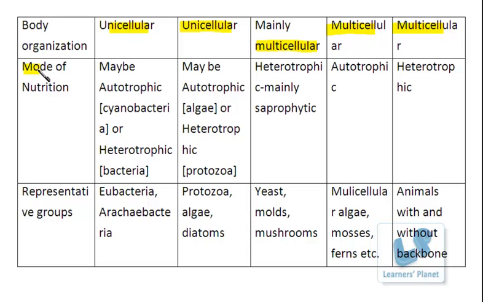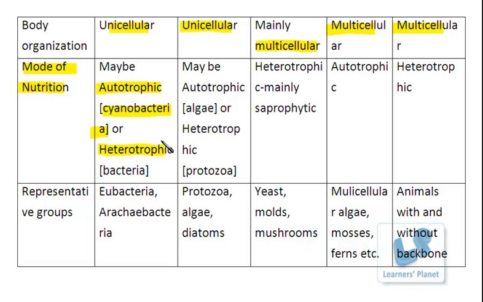Next is mode of nutrition. In the case of Monera, I already stated that it can be either autotrophic or heterotrophic. The autotrophic organisms are known as cyanobacteria, or blue-green algae.